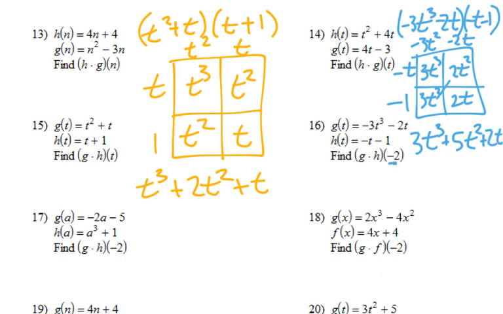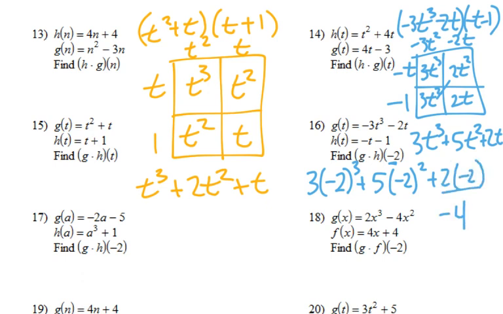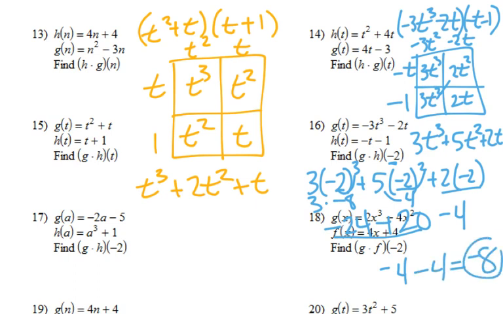And then plug in the negative 2. So 3 times negative 2 cubed plus 5 times negative 2 squared plus 2 times negative 2. This would be negative 4. This would be positive 4 times 5, positive 20. This would be negative 8 times 3, negative 24. So negative 24 plus 20 is negative 4, minus 4 would give us negative 8 as our answer.